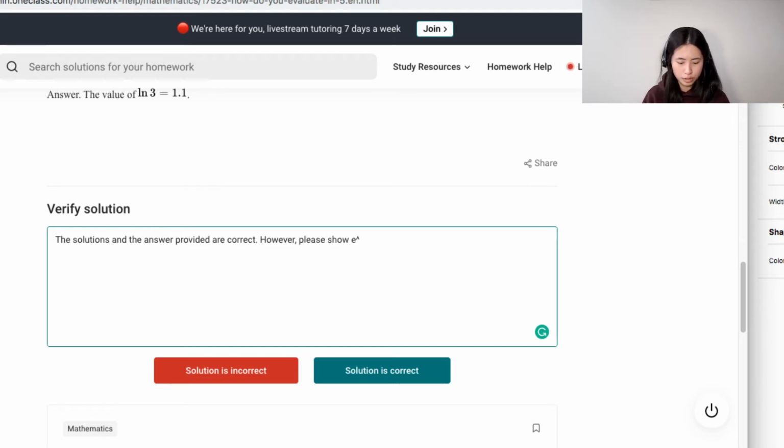So e raised to the power of x is equal to e raised to the power of log base e, and unfortunately we don't have that function to type the base, and then this is times 5.